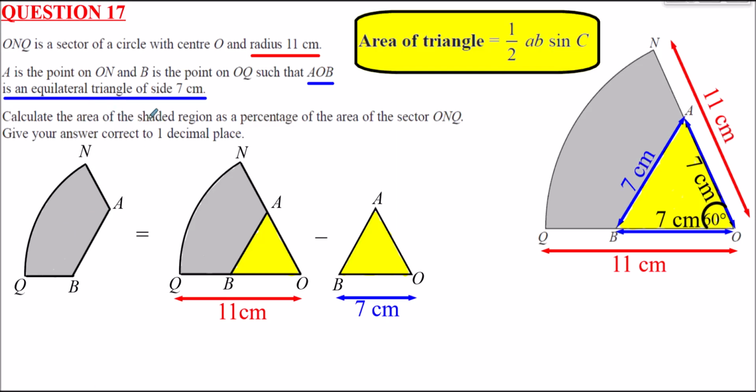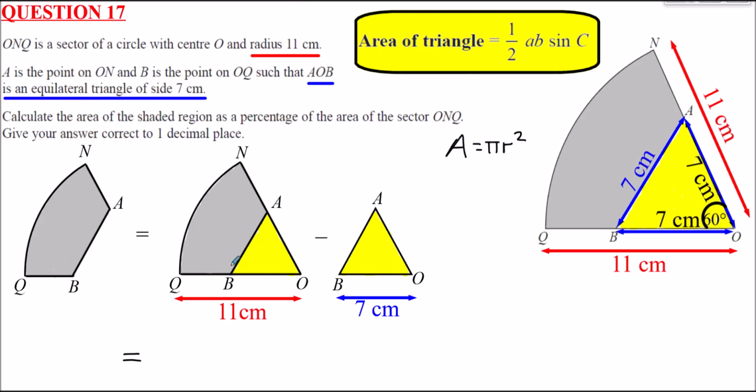So we want the shaded area as a percentage of the area of the sector ONQ. So we're wanting to work out this first of all. A sector, you need to think of it as a slice of a circle. So we're talking about areas. If it were a full circle, which I know it's not, how do you calculate the area of a circle? Well, the area of a circle is obviously pi r squared.